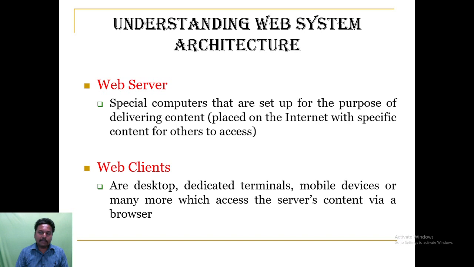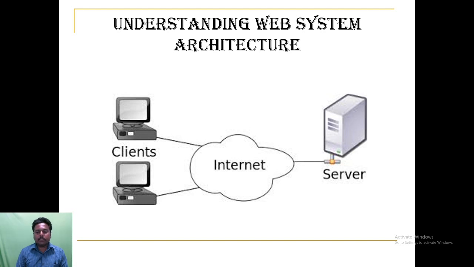That medium is called the server. That's a general explanation. Web servers are special computers set up for the purpose of delivering content placed on the internet, with specific content for others to access. And the web clients are desktops, dedicated terminals, mobile devices or many more which access the server's content via a browser. These are the setup for client-server communication.